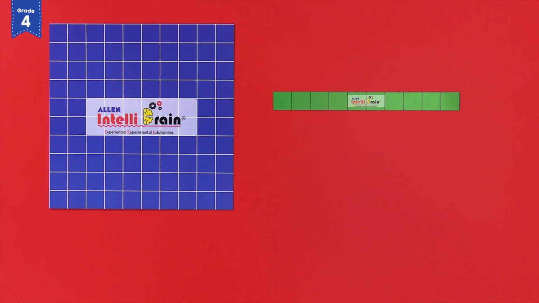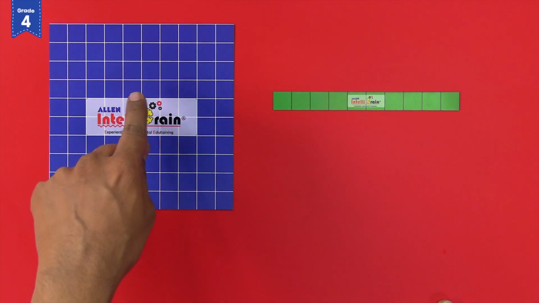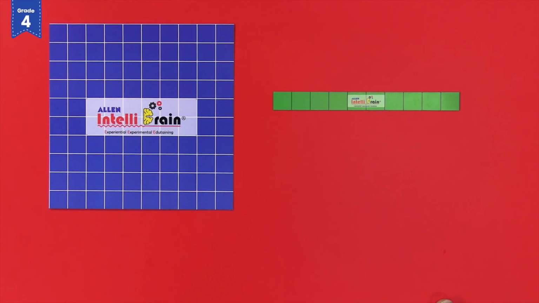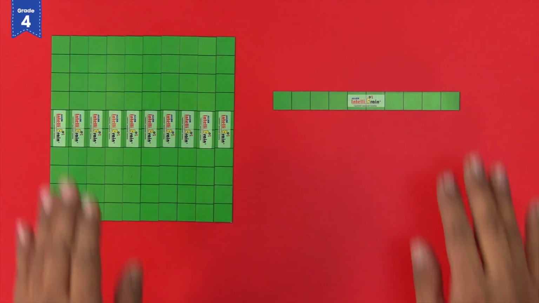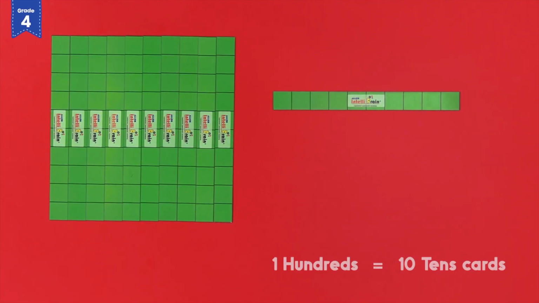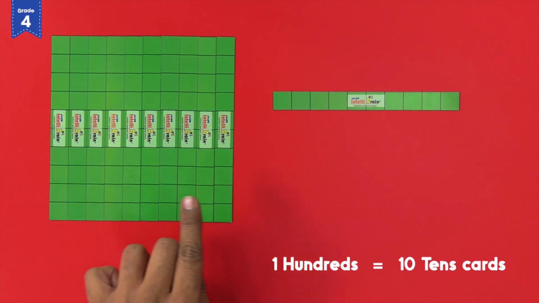We must now divide these cards representing 110 into 5 equal groups, as our divisor is the number 5. Here we can replace the hundreds card with 10 tens cards to distribute them into groups. 1 hundreds card will be equal to 10 tens cards.